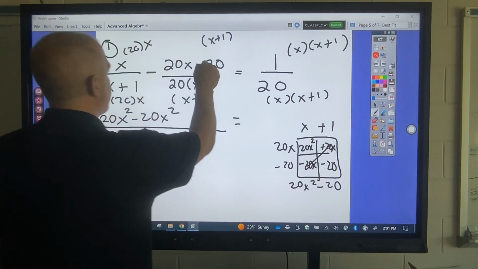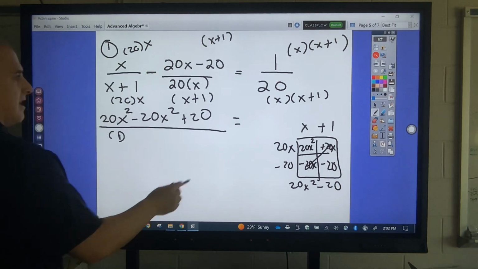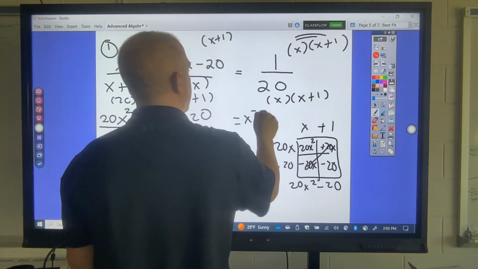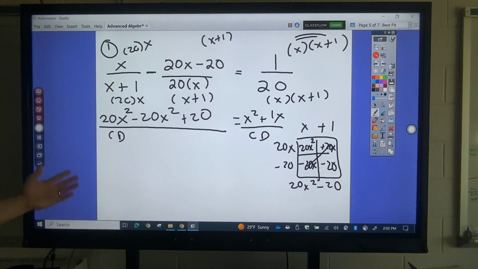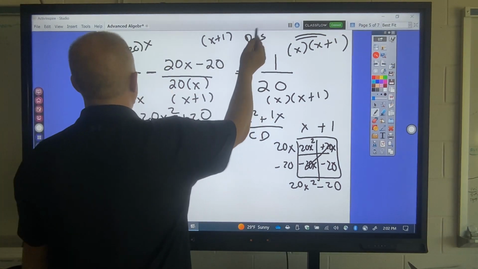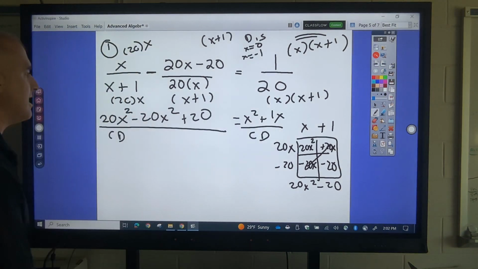Instead of negative 20 now, it would be positive 20. All right, my multiply over here, that's going to be x squared plus 1x, all over the common denominator. Now, what are my discontinuities? The discontinuities here are 0 and negative 1. So I just got to make sure that that's not the case.